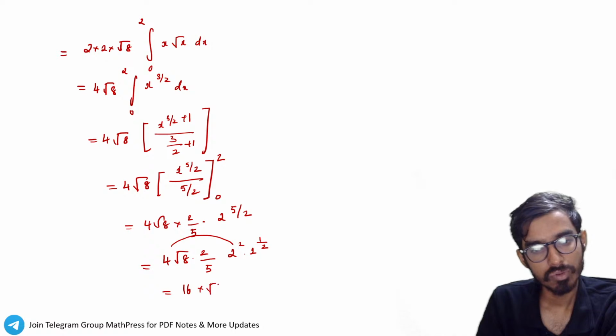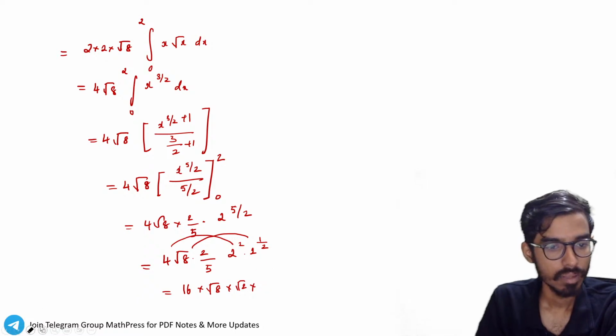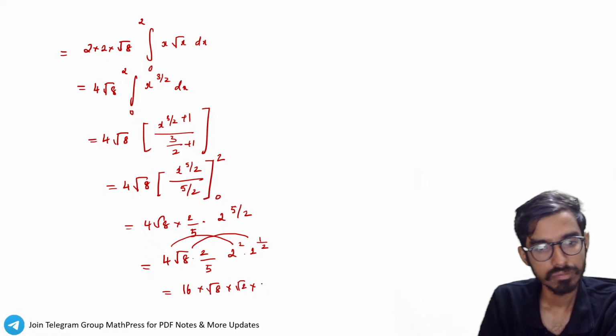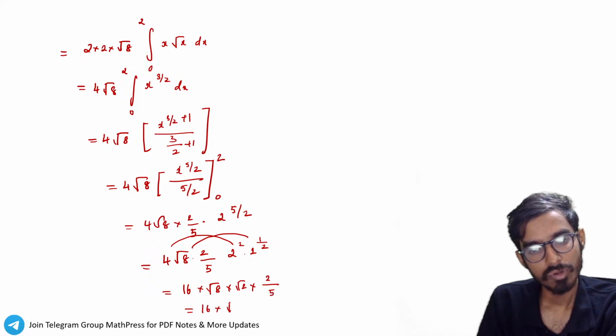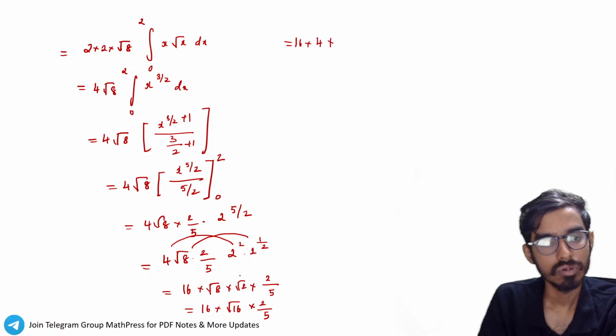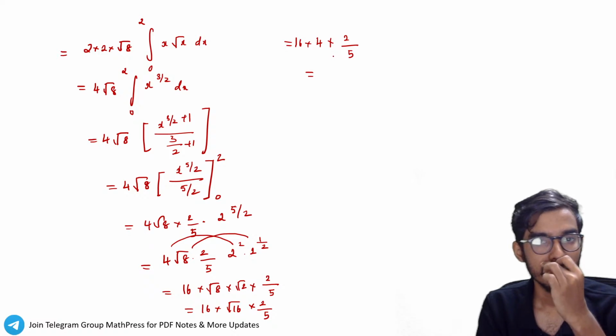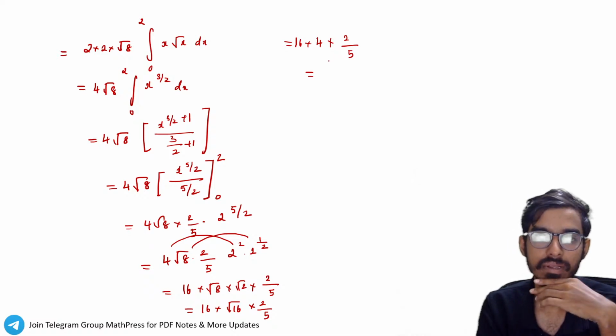Right? 16 into root 8 into root 2 into 2 by 5. So this will be 16 into root 16 into 2 by 5. It will be 16 into 4 into 2 by 5. So 16 into 4. Okay, that's a mistake.